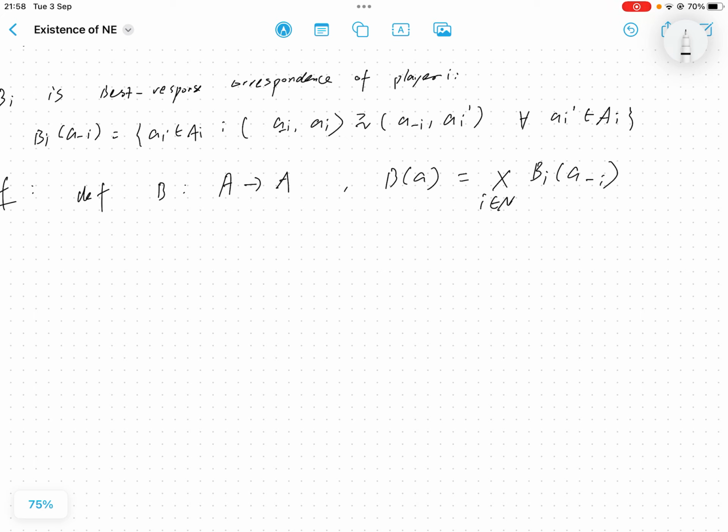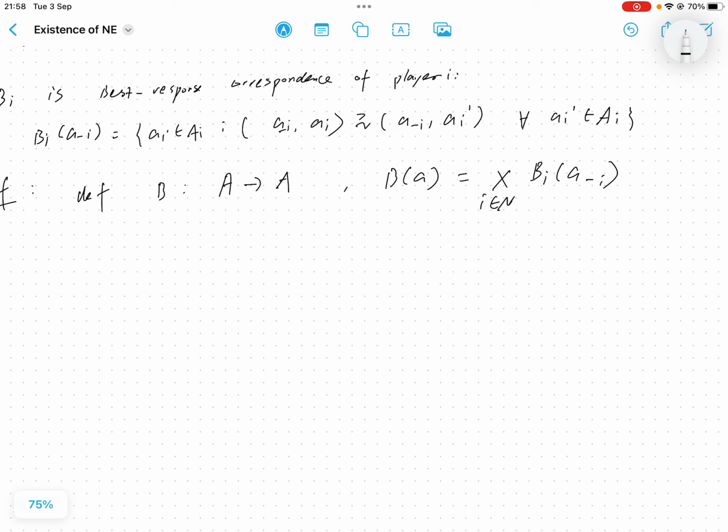So this means that if we input some a into this correspondence, then what we get is the product of all those sets, right? Because each correspondence outputs a set, so the Cartesian product of all those sets, given the actions from all the other players, a_{-i}.